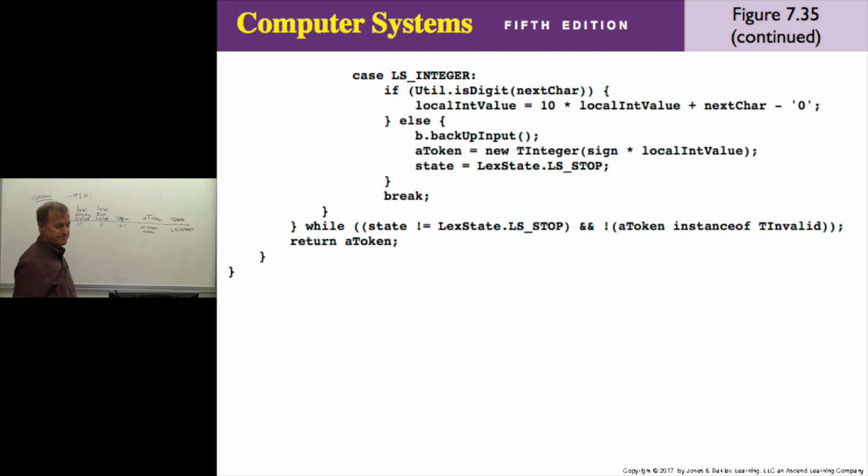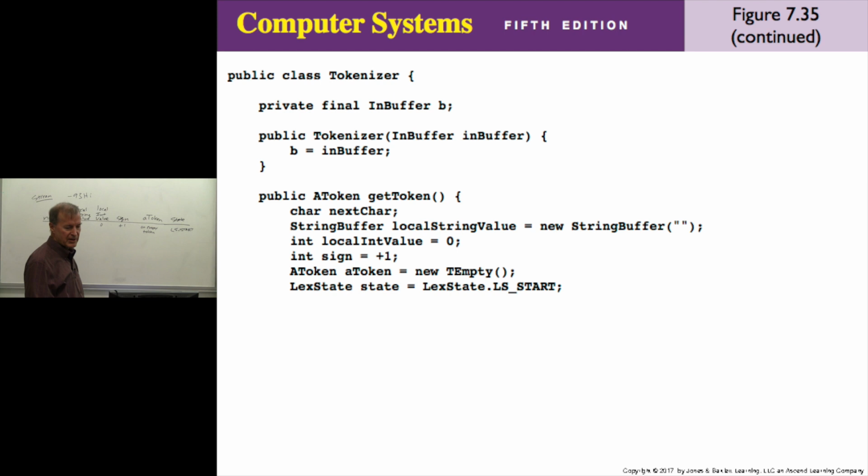All right? And when we get through at the end of that loop, what will we return? We will return a token. So if we come back up here, what is the type of get token? What does it return? An abstract token. Is everybody clear on that? Because after all, it's get token.